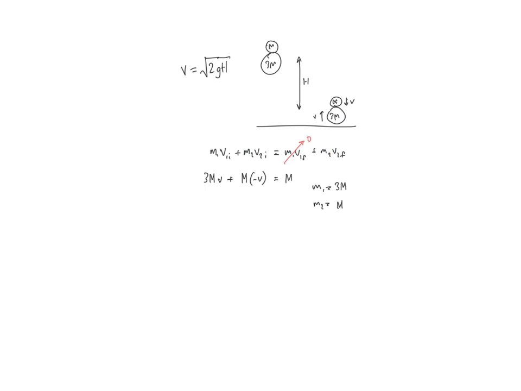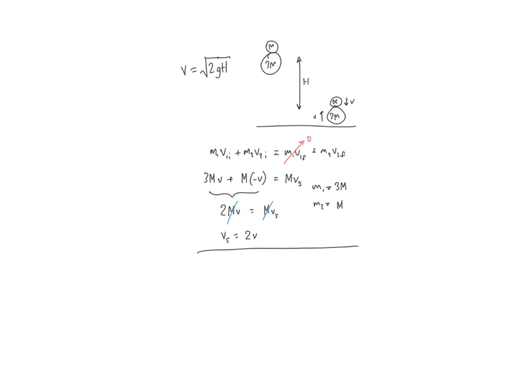The problem defines it as vs, the speed of the small sphere immediately after the collision, for part B. So 3mv minus Mv, which is 2Mv, equals Mvs. The big M cancels out on both sides, and vs is just equal to twice the initial speed. vs equals 2v for answer B.